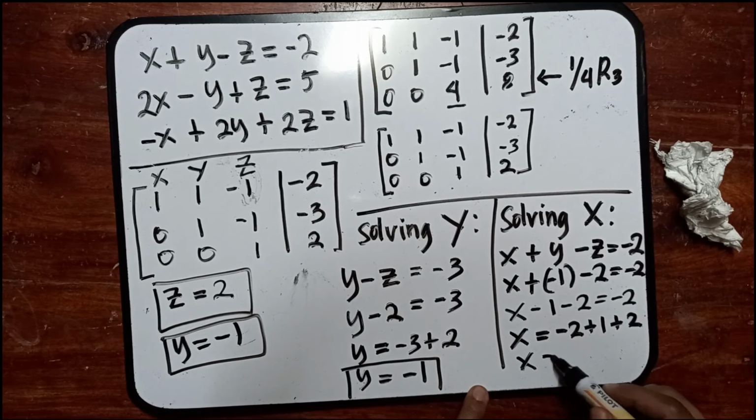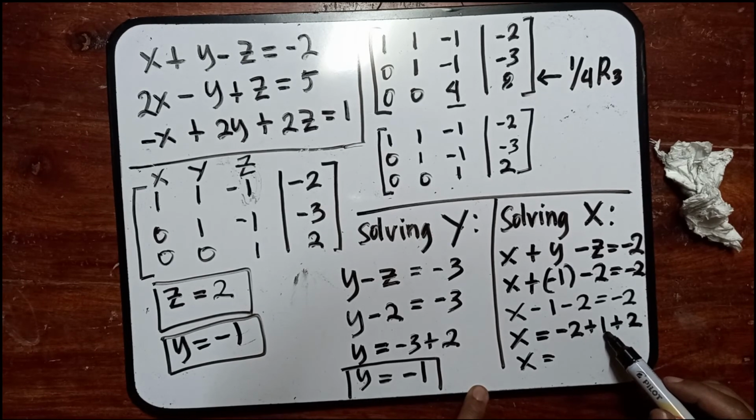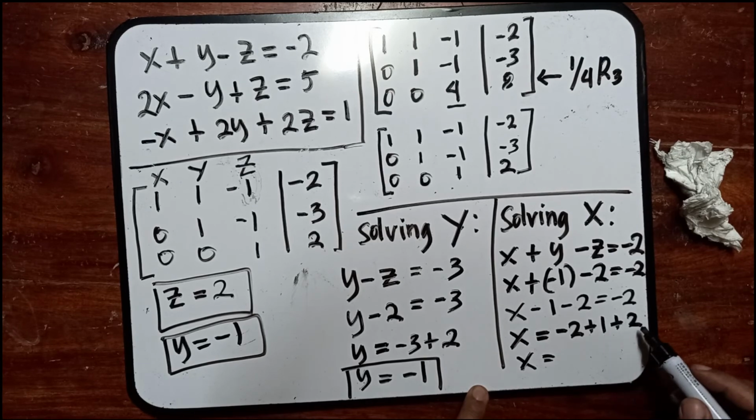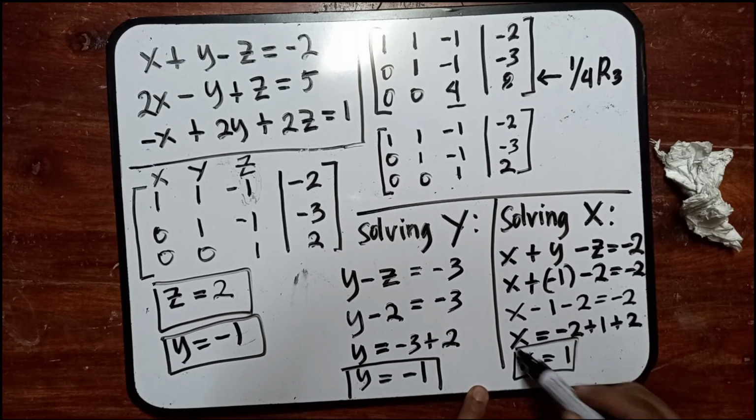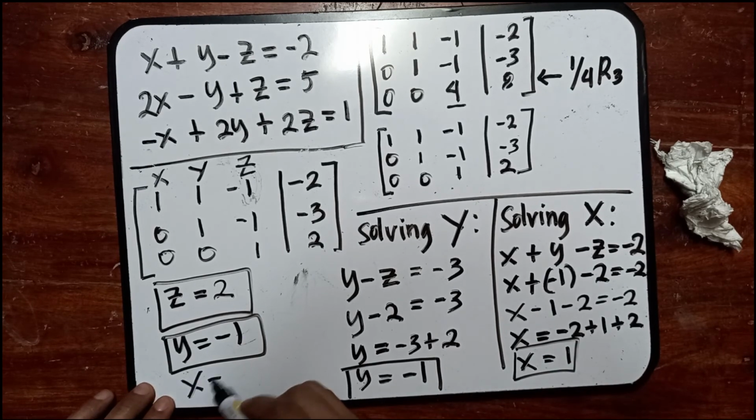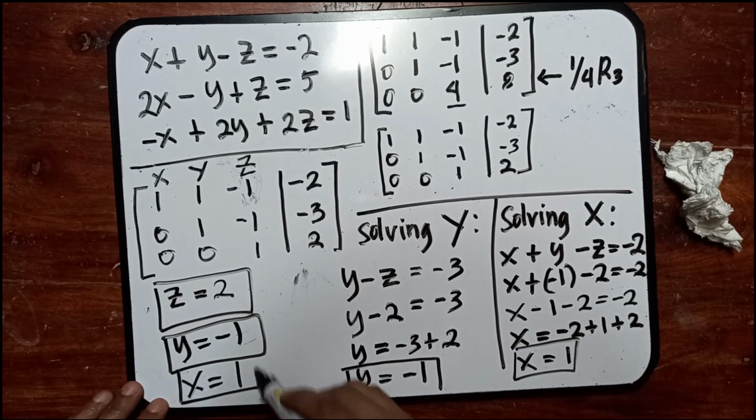So x is negative 2 plus 1, that is negative 1, negative 1 plus 2, that is positive 1. So x is positive 1. So the value for x is 1. So there you go.